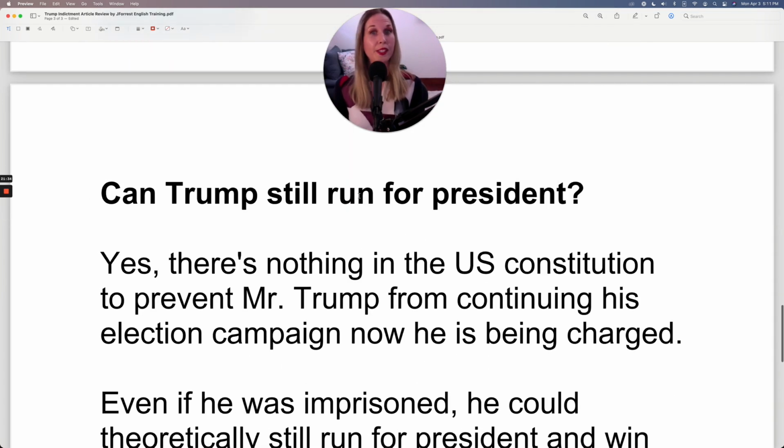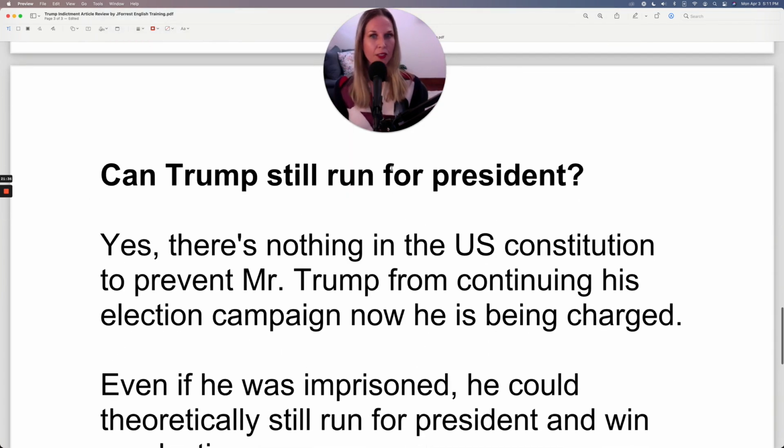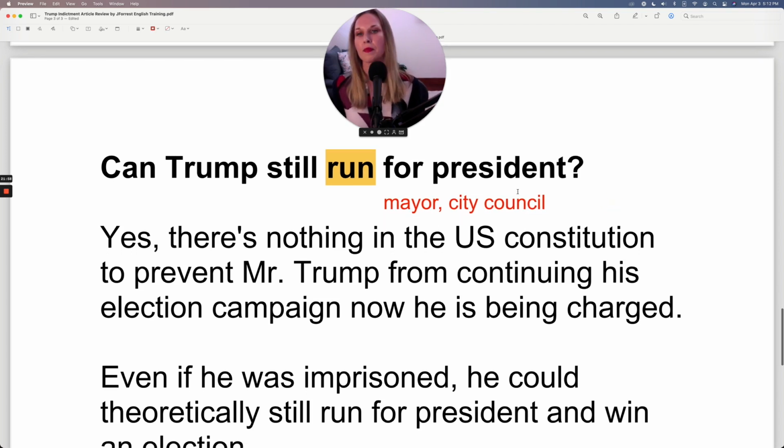Can Trump still run for president? So notice our verb here, you run for a political office, a political appointment, and in this case, president, but you could run for mayor, or you could run for city council, for example. So it doesn't have to be president, and you run for it.